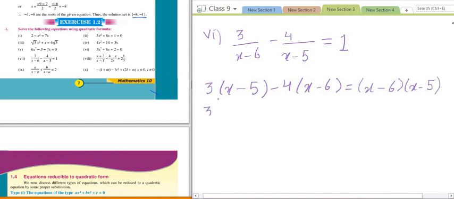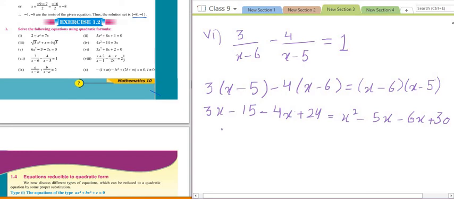This becomes 3x minus 15 minus 4x plus 24 equals x square minus 5x minus 6x plus 30. Okay, now just add and subtract the like terms.